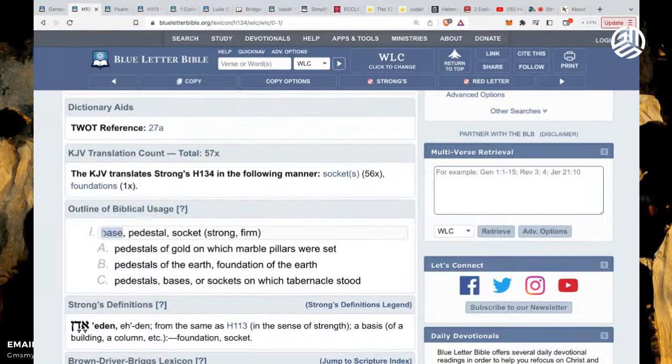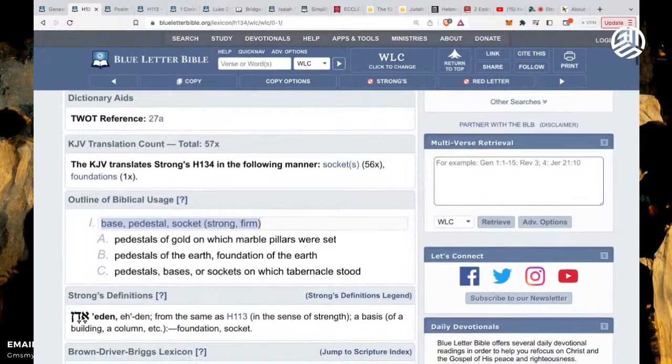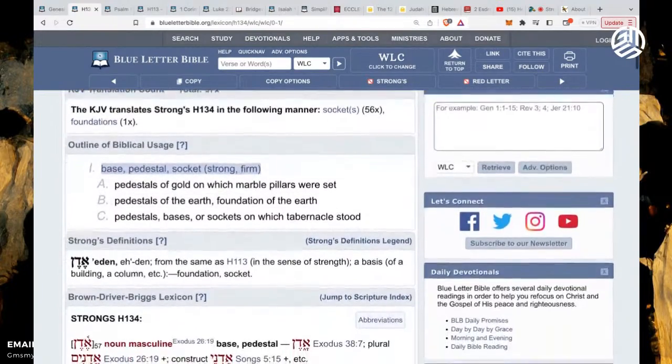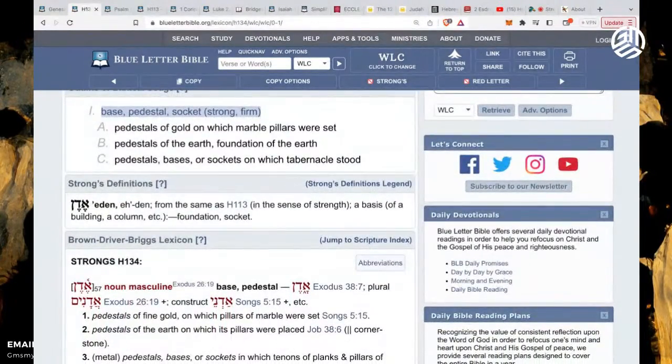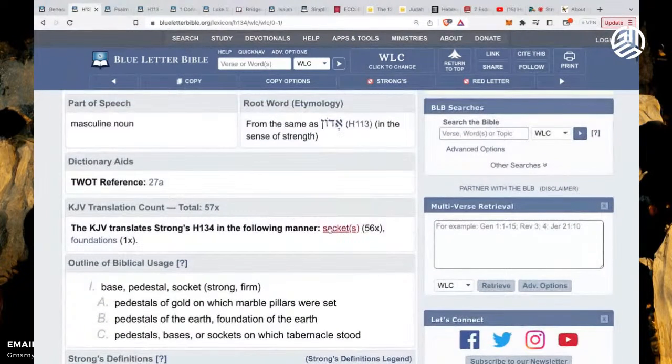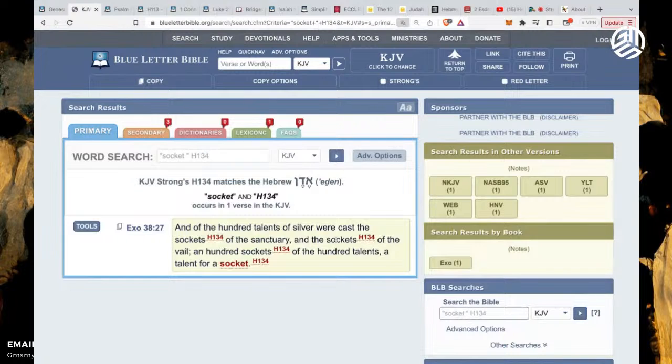As we see here, base, pedestal, strong, firm. Okay, let's see here, the sense of strength, like a foundation, like the basis of a building, or you could say, socket, sockets.